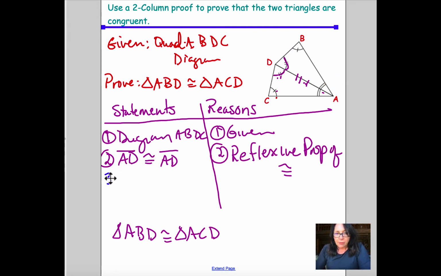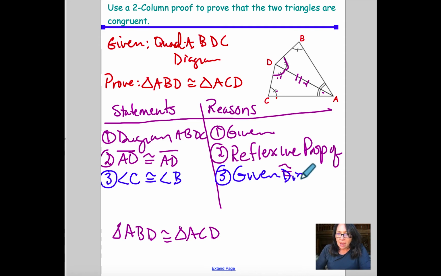So for my third step, I'm going to say angle C is congruent to angle B. And the reason for that, number 3, is given, I'm going to say diagram, because that was given in the beginning. And I'm also going to say for step number 4 that, and I can't say angle D equals angle D. You don't say that.